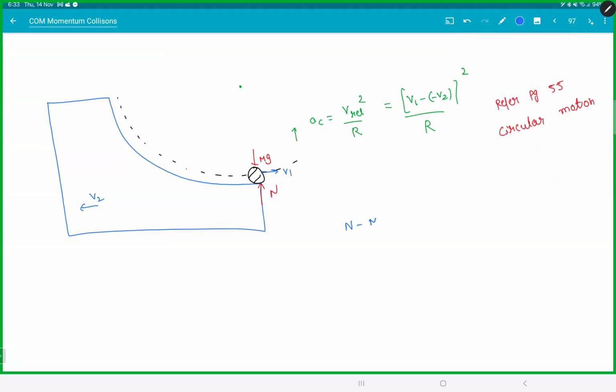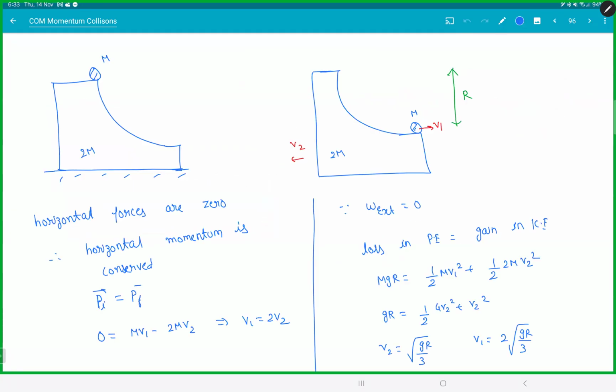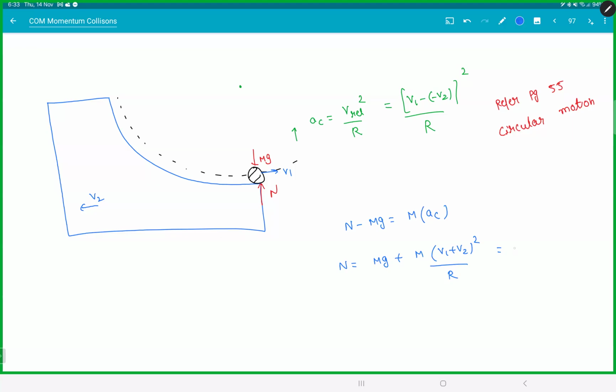So N minus mg is equal to mass into centripetal acceleration. So N will be mg plus m into (V1 plus V2) square by R. V1 plus V2 will be 3 root 3 gr. So that would be root 3 mg, 4 mg.